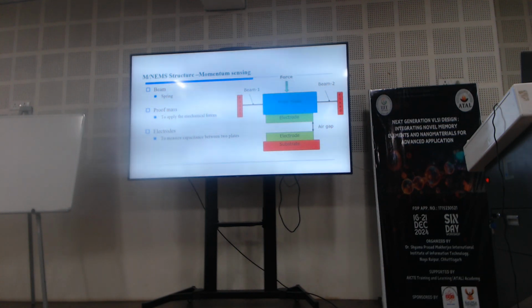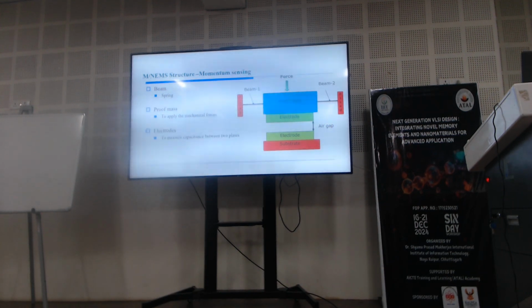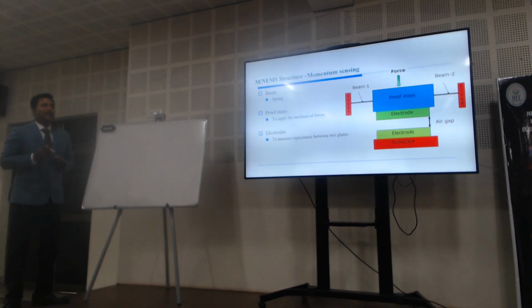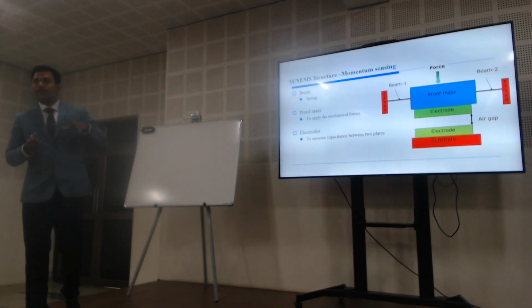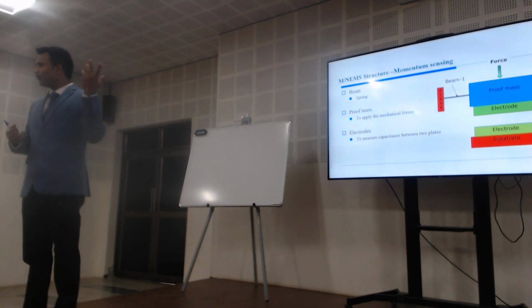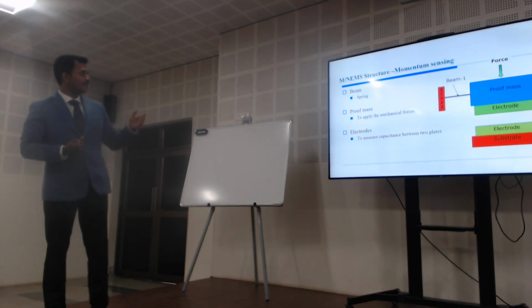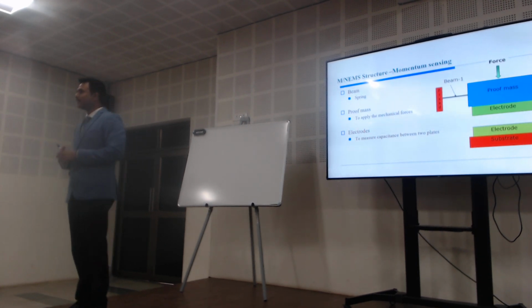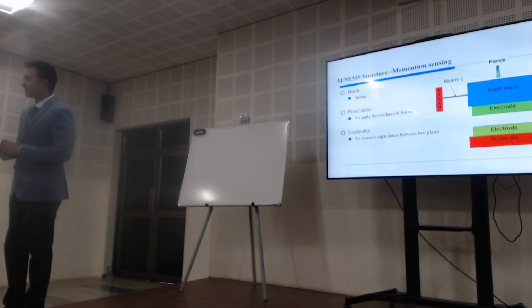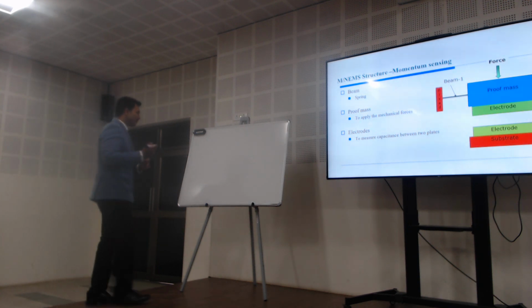Now I will explain. Maybe I will use some kind of code here. Okay, these three are the important parts of the movable sensor: the first is the suspension beam, the second is the proof mass, and the third is the electrode. I will explain them.